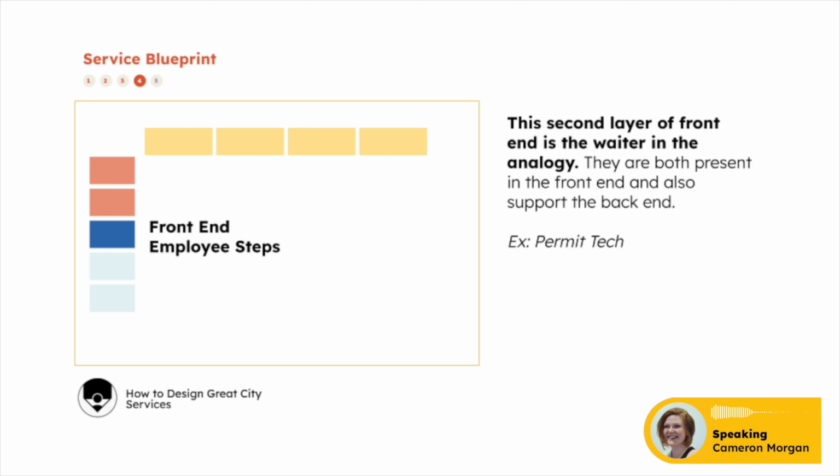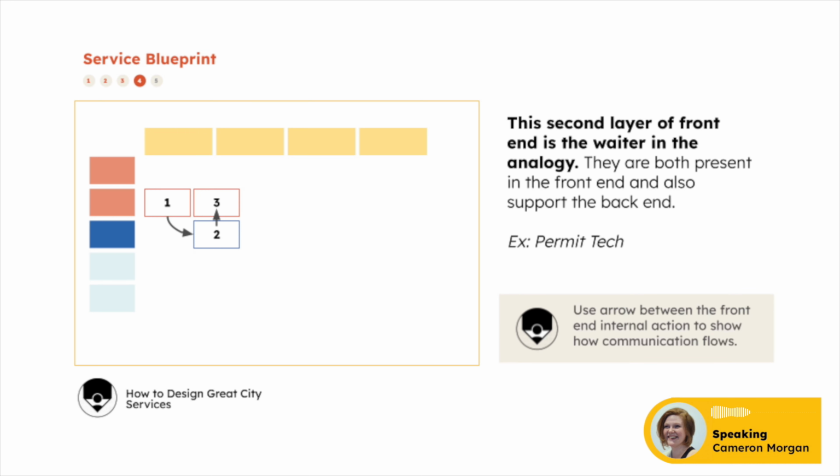And if we go to the next slide, I'll show you how we note this on a journey map, right? So what were those linear actions, right? That 1, 2 for our event organizer, for our permit tech, actually become more of a dance here, right? If you think about those dancing diagrams where your feet start here and then they go here, right? And that's what distinguishes the service blueprint, right?